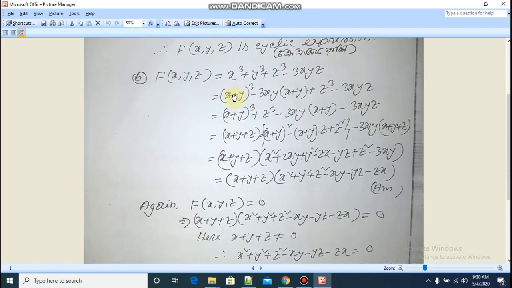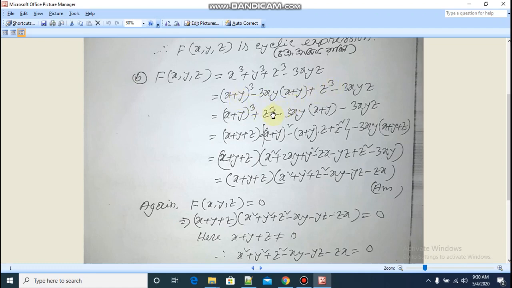Part B has two parts. First part, factorize f(x, y, z) equal this, x cube plus y cube plus z cube minus 3xyz. The formula is this. We rearrange this.